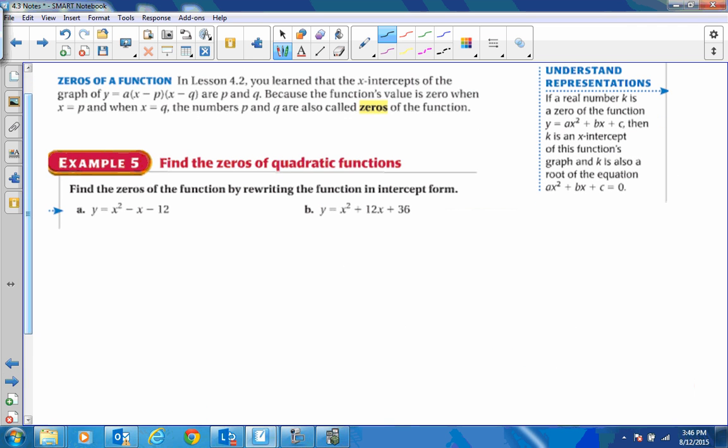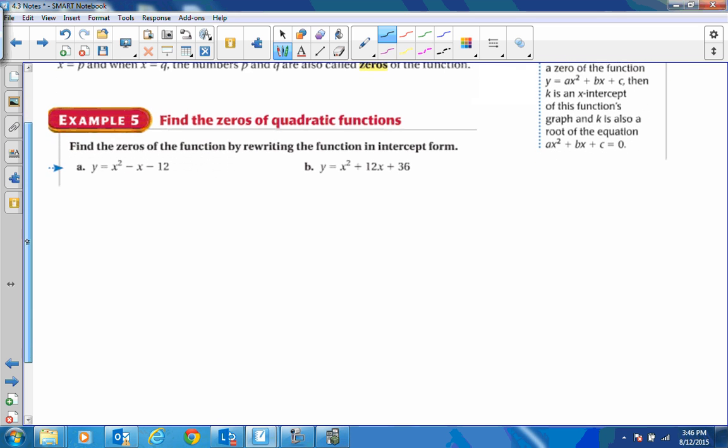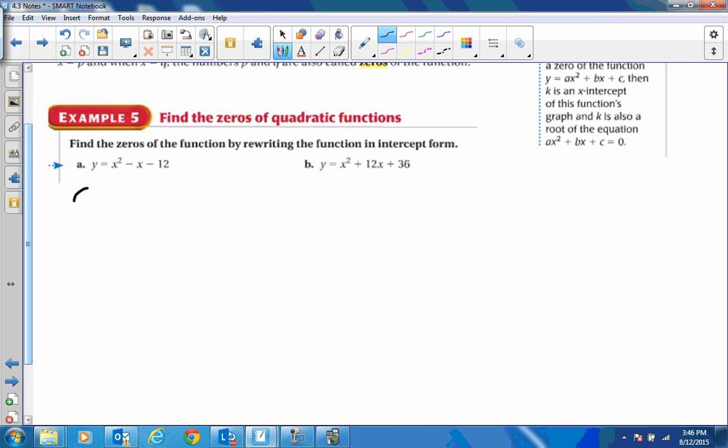Zeros. If they say find zeros of the function, and we haven't talked about 4.2 yet, but zeros and roots all mean x-intercepts. They all mean the same thing. So if they say find the zeros of the function, all you have to do is plug in 0 for y and solve it the same way. So if it says find the zeros of the function by rewriting in intercept form, plug a 0 in for y. So it would be x squared minus x minus 12.